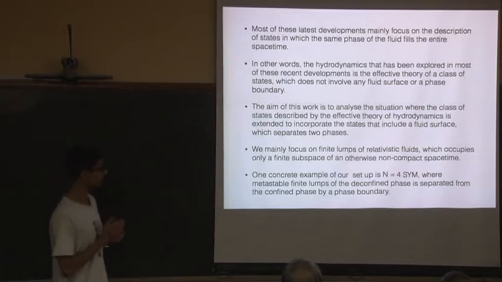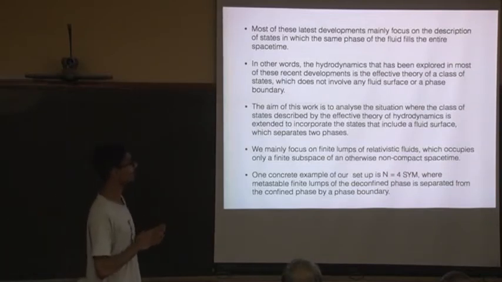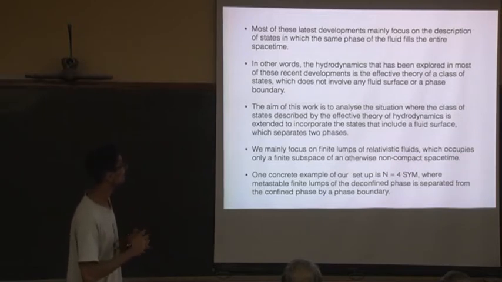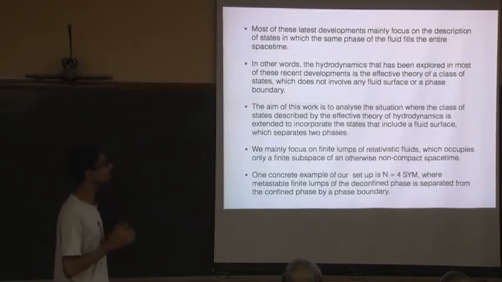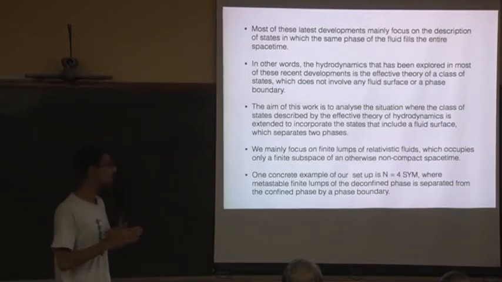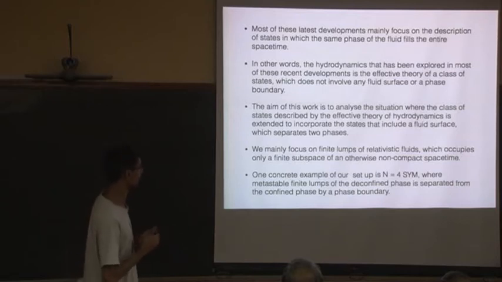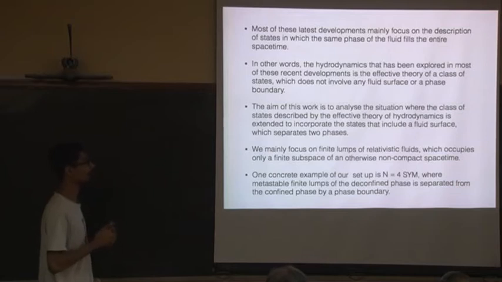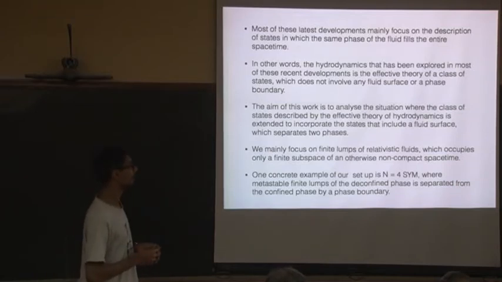The aim of this work is to analyze the situation where the class of states described by the effective theory of hydrodynamics is extended to incorporate those states which include a fluid surface separating two phases of the fluid. In other words, we are focusing on finite lumps of relativistic fluids which occupy only a finite subspace of an otherwise non-compact spacetime.